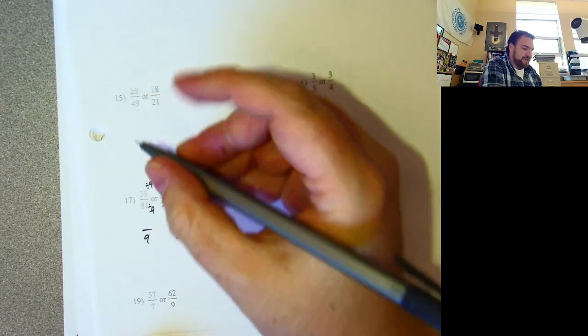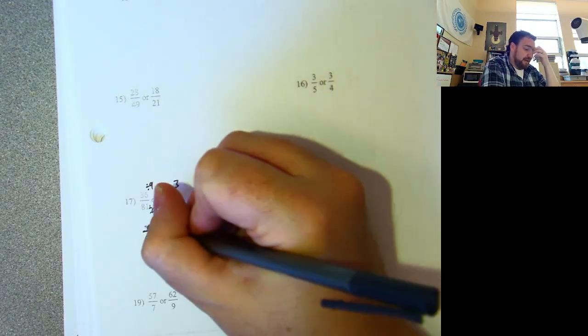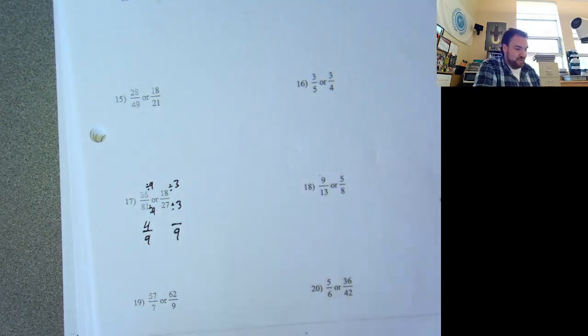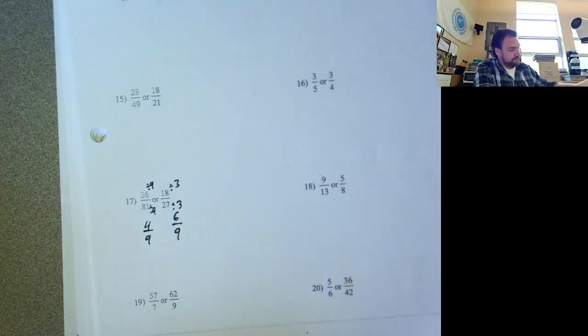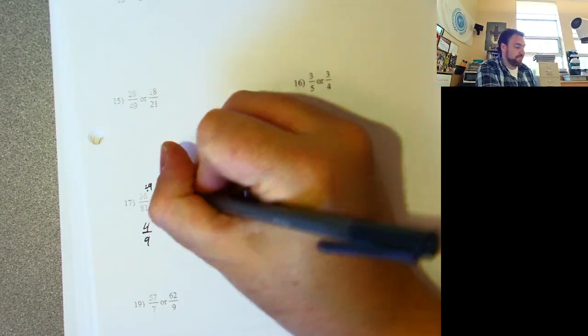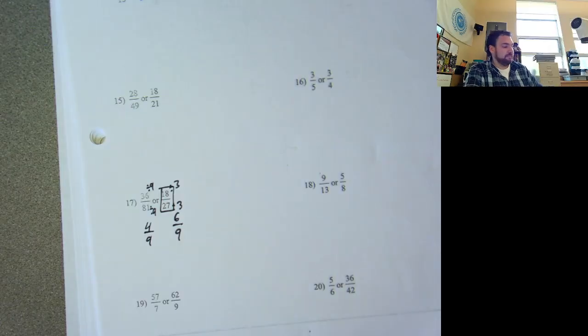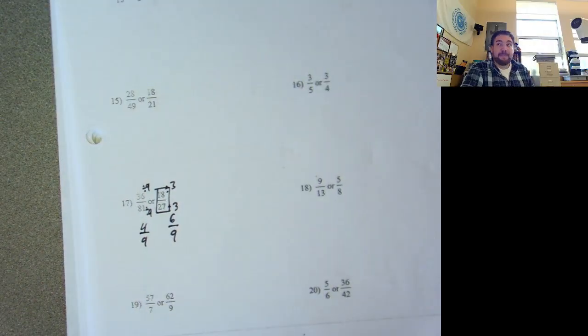So the 36/81 is going to become 4/9, and 18/27 is going to become 6/9. So which one's bigger? 18/27 is the bigger one. You don't have to find a common denominator. You could also divide your way down. Totally acceptable way to do this.